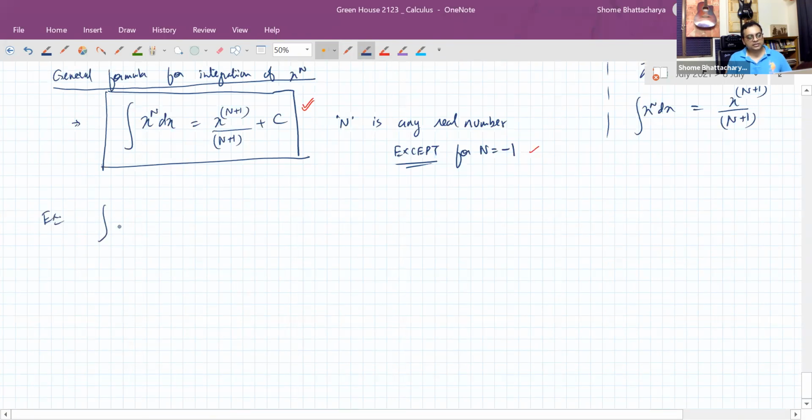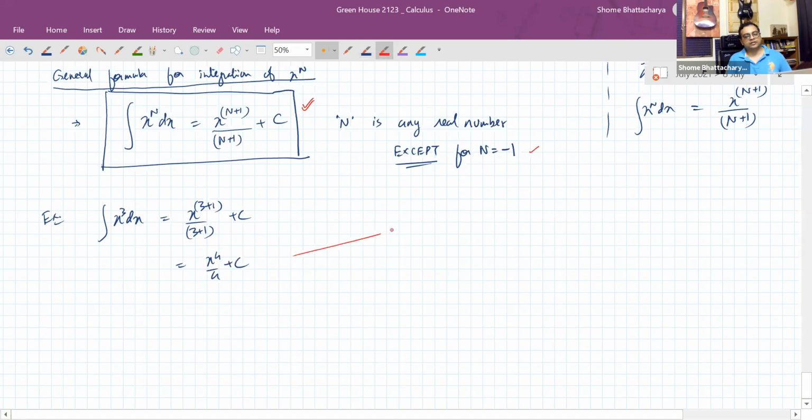So I want to integrate, let's say, x cube. So I'll just use this formula: x to the power n plus 1 upon n plus 1 plus c. So that is nothing but x to the power 4 by 4 plus c.